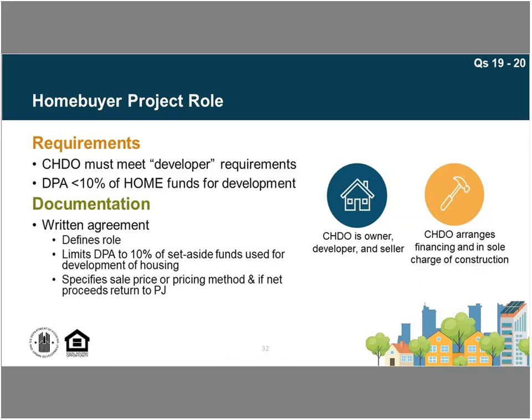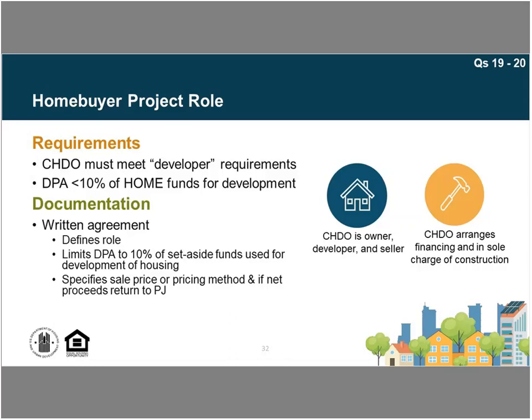So of the funds that you award to the CHDO, most of those funds need to be used for acquisition, construction, rehabilitation, project soft costs, the development budget costs, and spent in the project first.